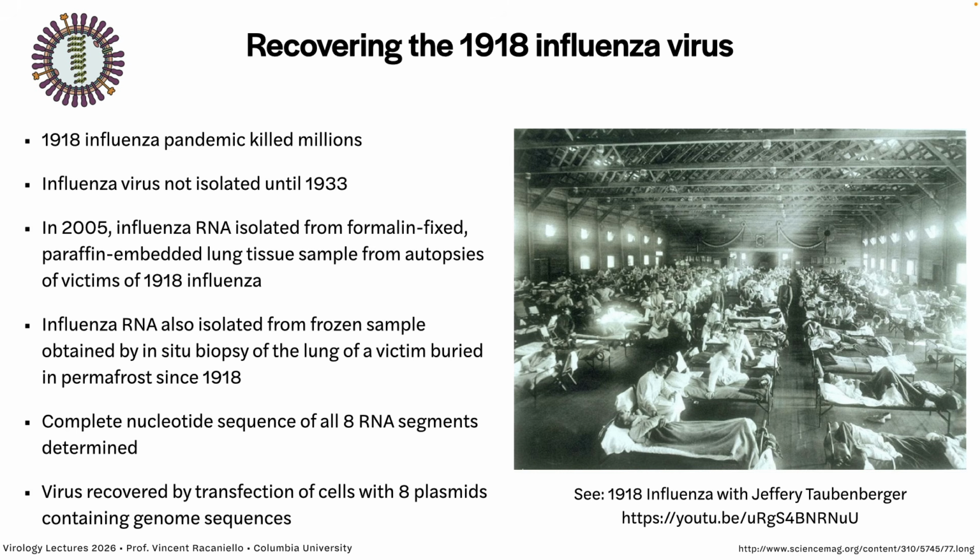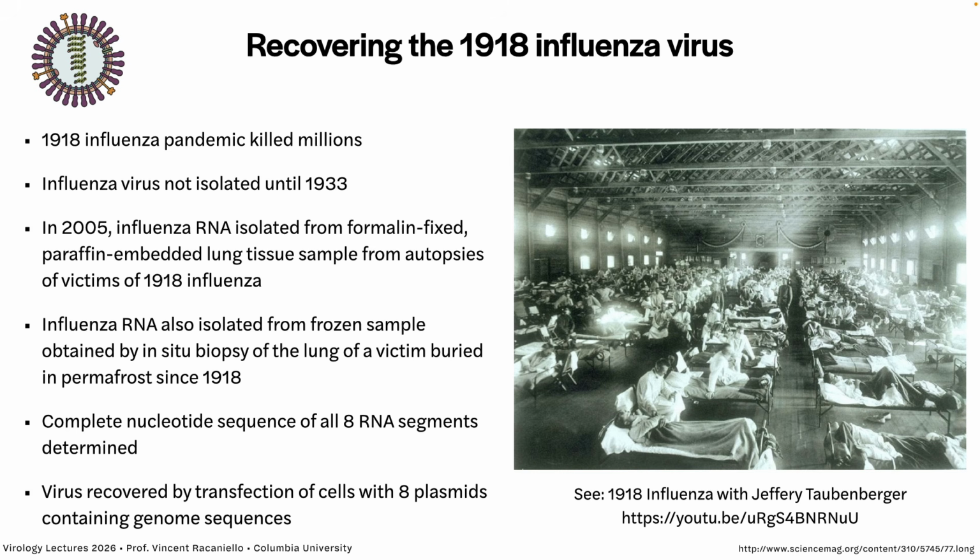And so the Army took pieces of their lungs and embedded them in paraffin to make sections to look at them. But they were all stored. And so Taubenberger went and got some of those, extracted RNA, and he determined the sequence of the influenza segments. In fact, I interviewed him a couple of years ago, and he showed me one of these blocks, and you could see it in the interview.